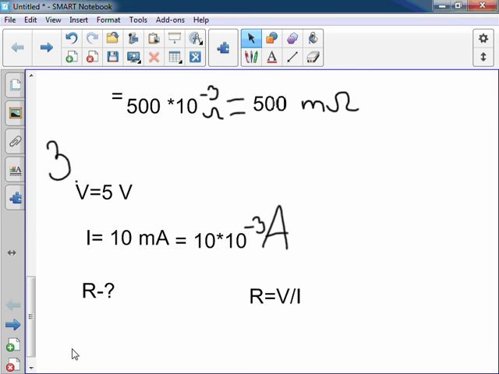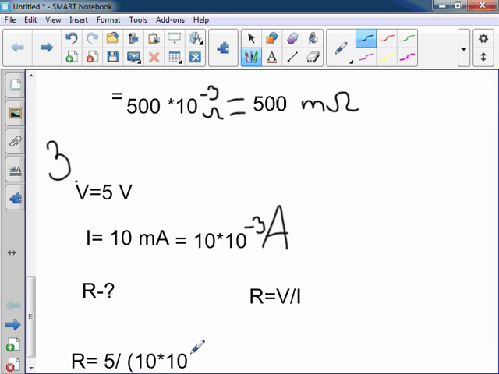So now I'm going to go ahead and plug this in. R equals 5 volts divided by, and I'm going to put all of this in parentheses so it's clear that it's all in the denominator, 10 times 10 to the negative 3. Now, the very first thing that is sensible to do in a case like this is to put your 10 to the third in your numerator.